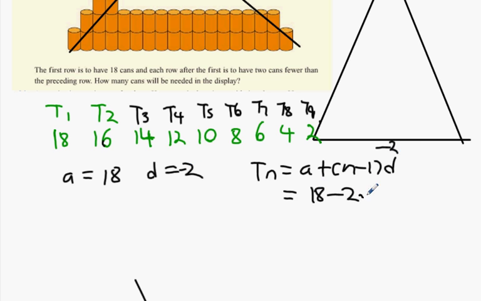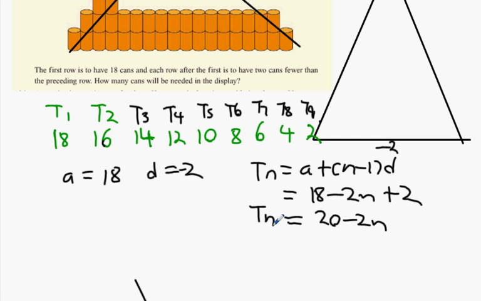So minus 2n plus 2. After that, we get 20 minus 2n, or Tn. We know that it's 9 terms, don't we?